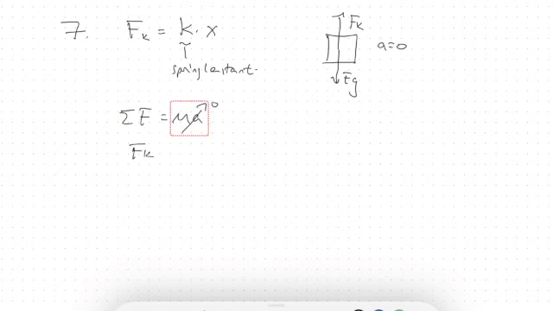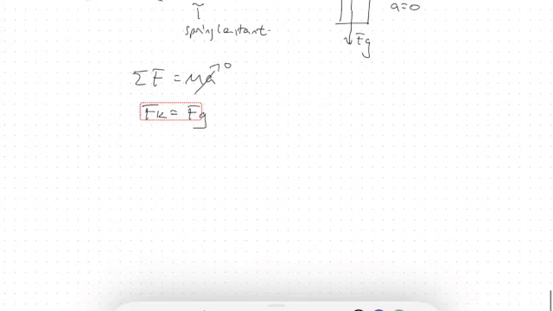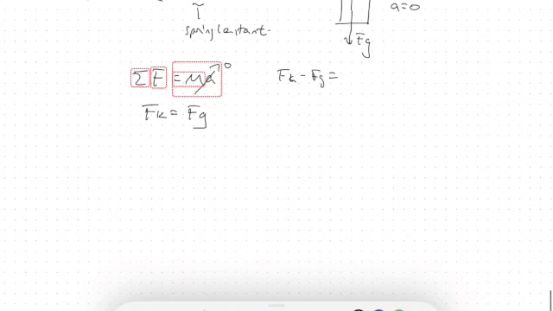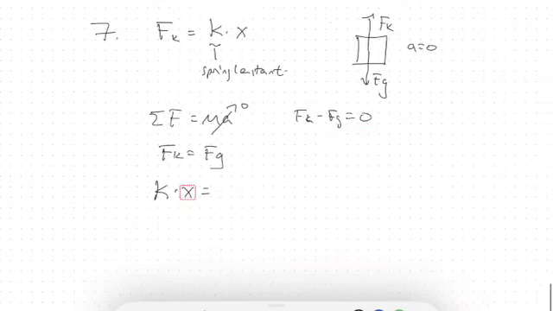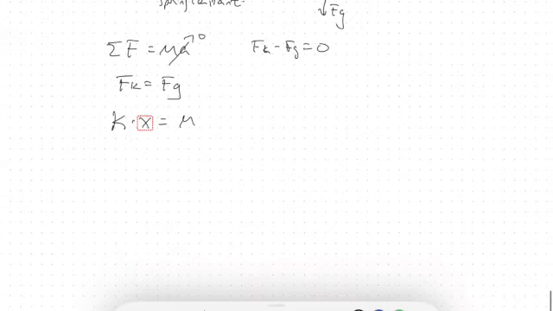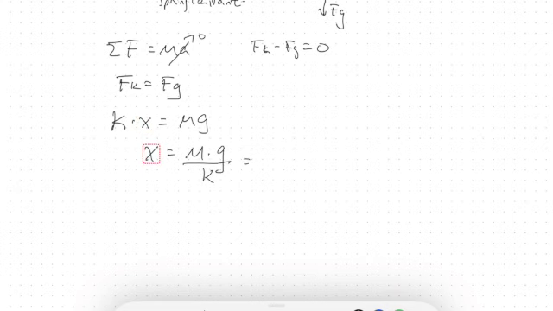So Fk equals Fg, because Fk minus Fg equals 0. It's asking us to calculate the x. So k times x, the distance, equals mg, x equals mg over k.